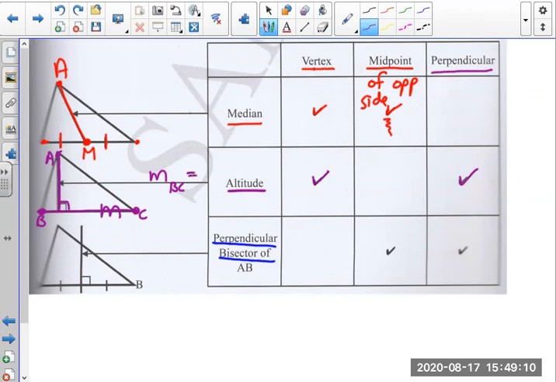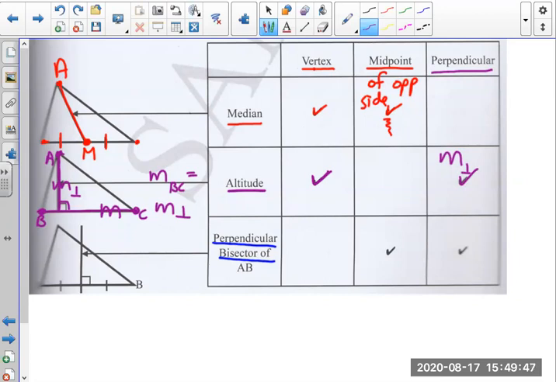So if you have the gradient of BC, you're going to find the gradient of the perpendicular line, and you know it's minus the inverse. That's what we did on Thursday. So then you will have the gradient of this perpendicular line and 1 point. You have the vertex, and you're going to find the equation because you have the gradient and the 1 point.